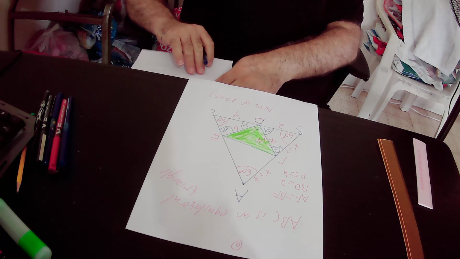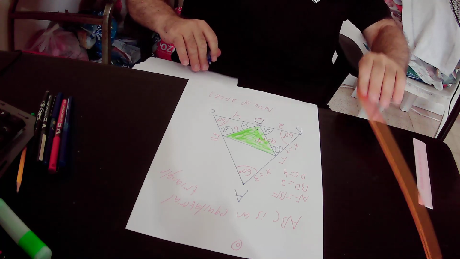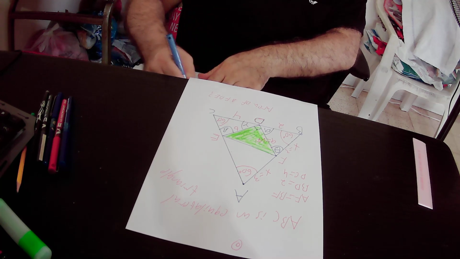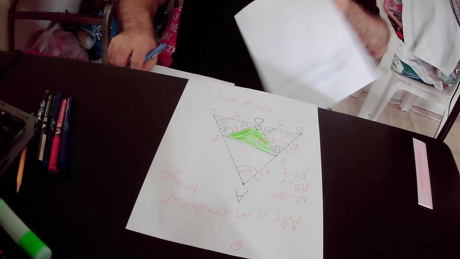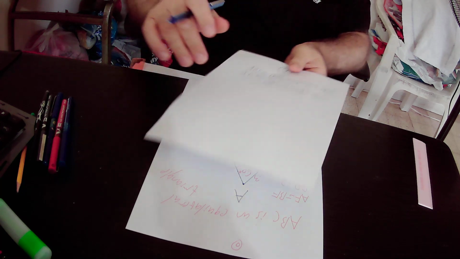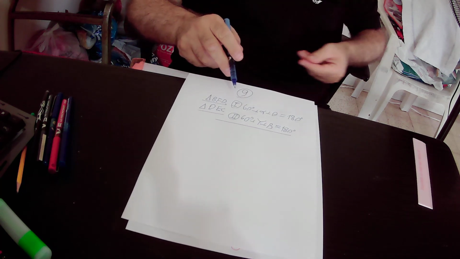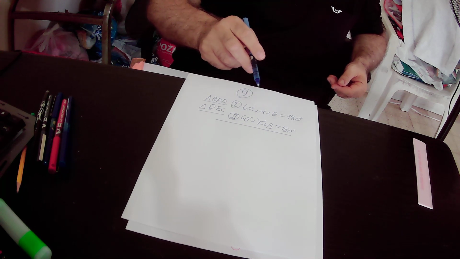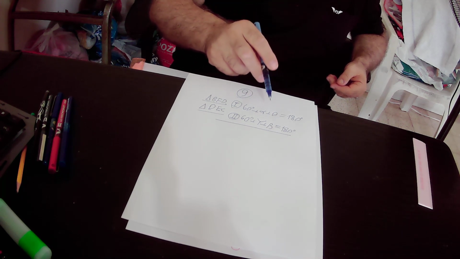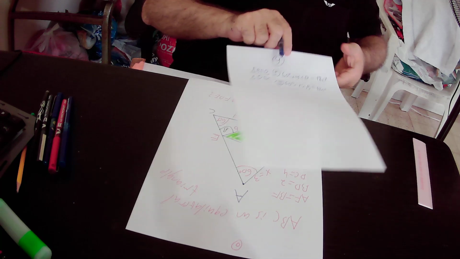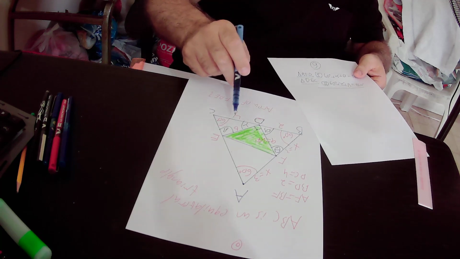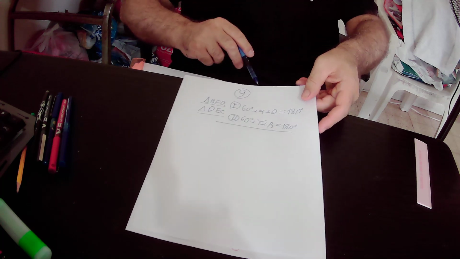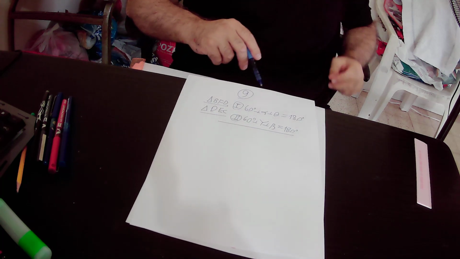So the second equation is 60 degrees plus gamma plus beta equals to 180 degrees.